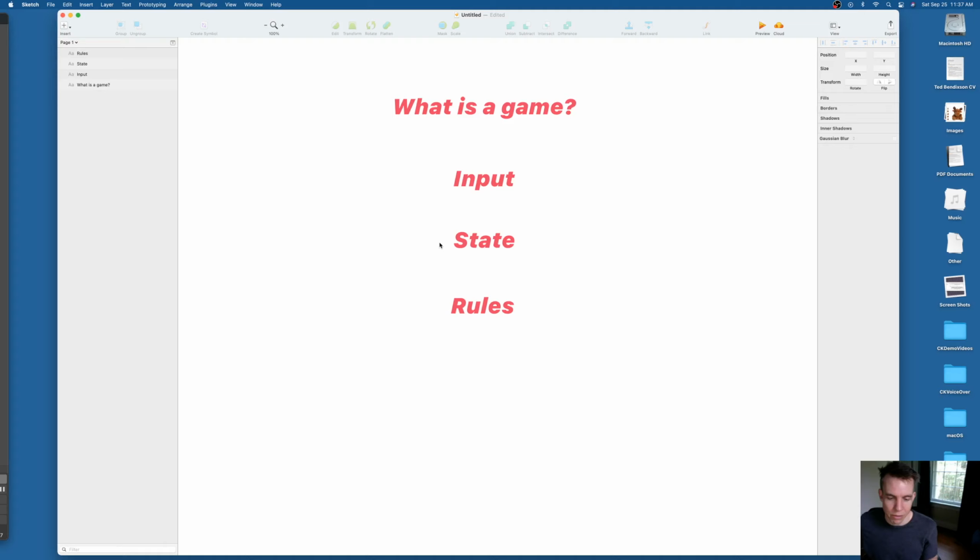If you try to move a piece all the way across the board, the person playing with you says, not allowed, you can't, that's not one of the rules of checkers. So there's some kind of enforcement of the rules. Now, on a computer, this is quite a bit different, right? So where does the input come from?